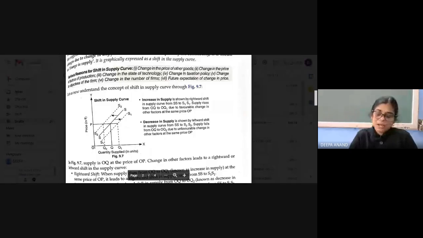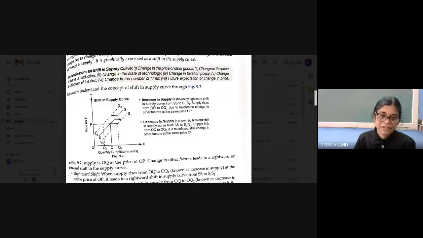How will you interpret this graph? You will write that in the y-axis the prices are given, in the x-axis the quantity supplied is given, and the original supply is SS, an upward sloping line.